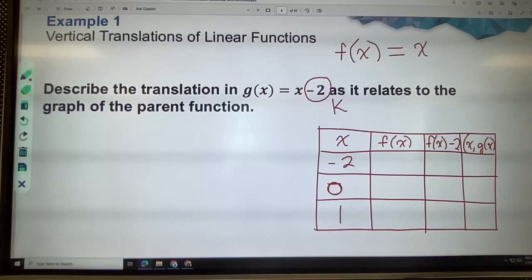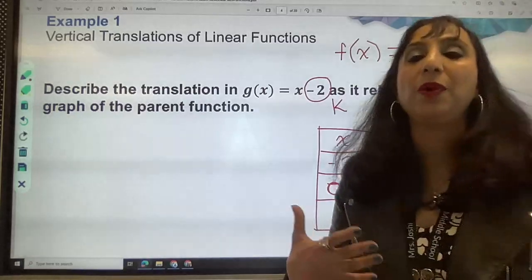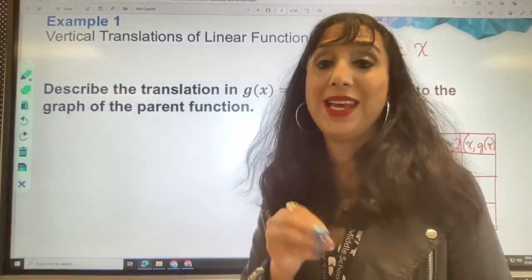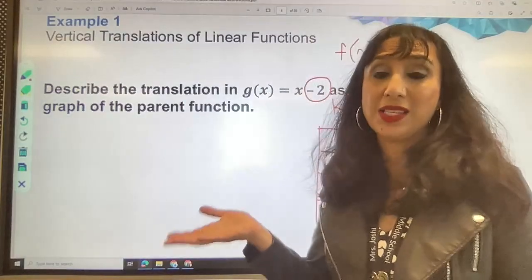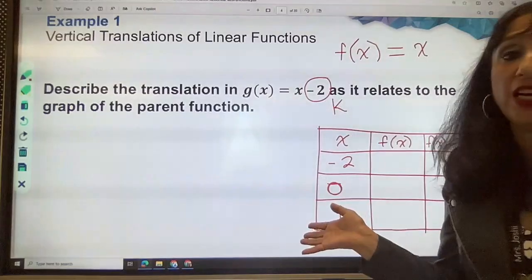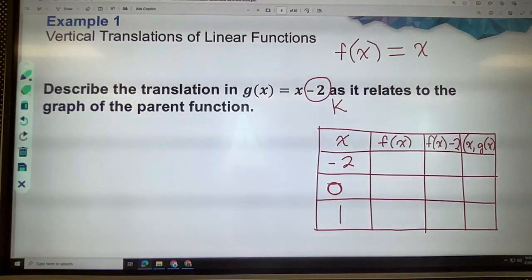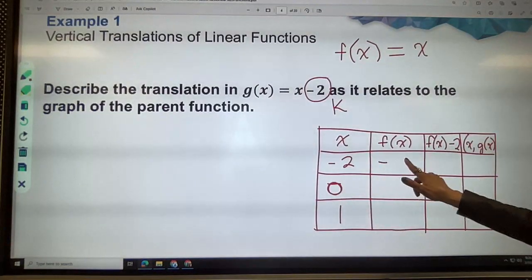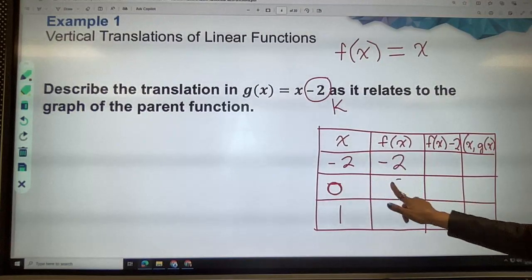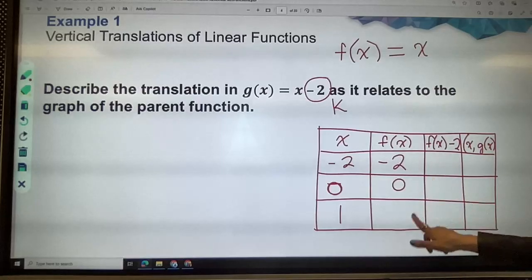So these are some of the values. So we know that in the parent function, f of x is equal to x because y is equal to x in a linear function. And so if x is negative 2, my y is negative 2. If x is 0, y is 0. If x is 1, y is 1.